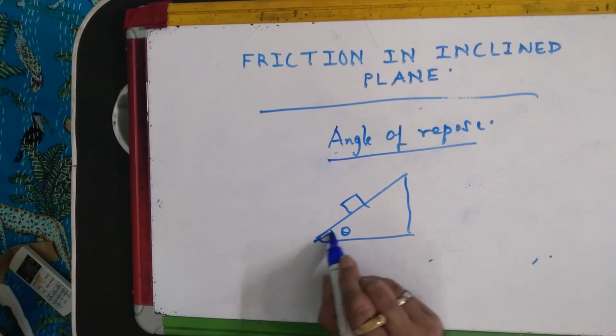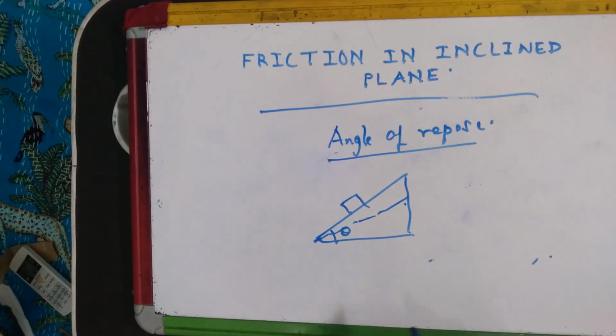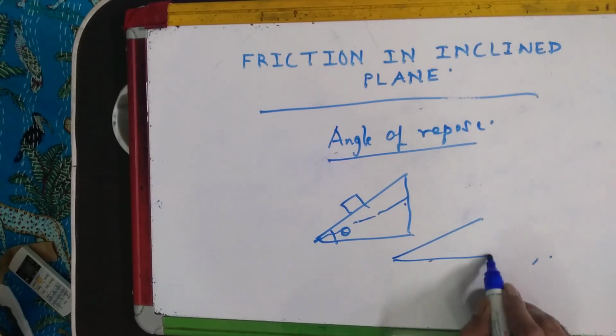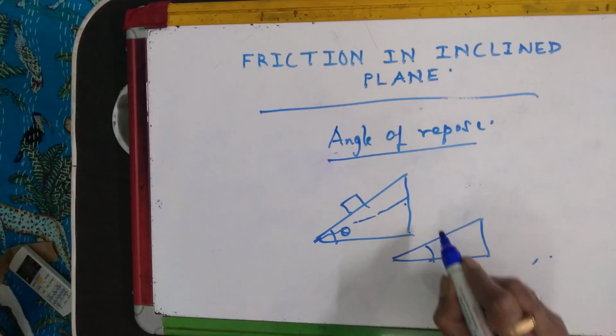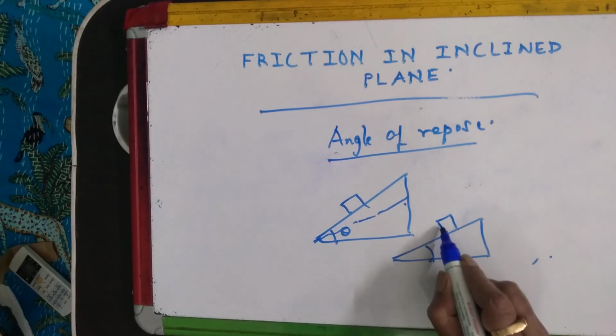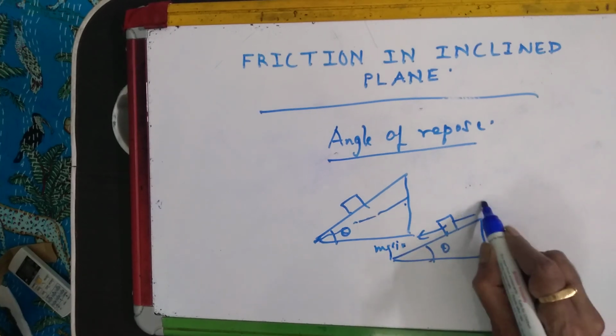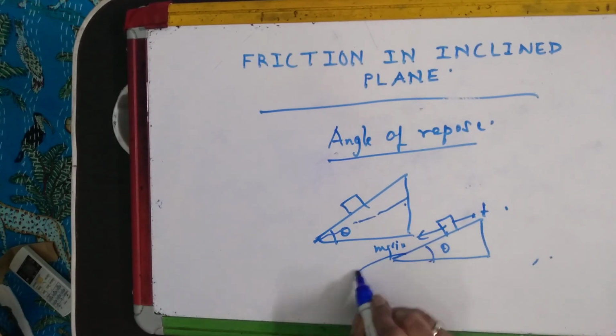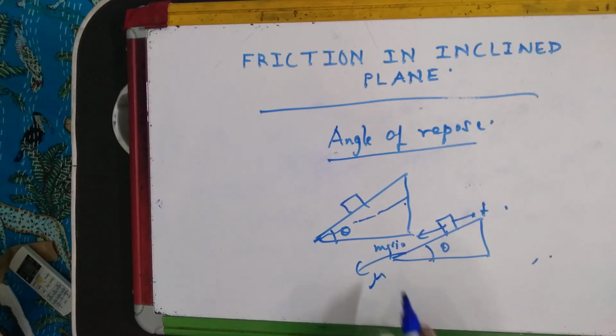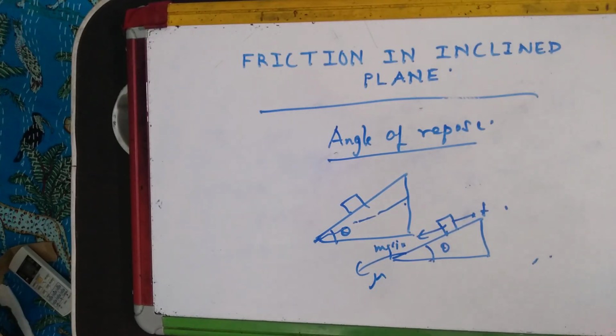Let us say I start from here. This is the inclined plane, and I keep a mass here. mg sin theta acts downward, the friction force acts upward, and this surface is rough, so I have given a coefficient of friction mu.